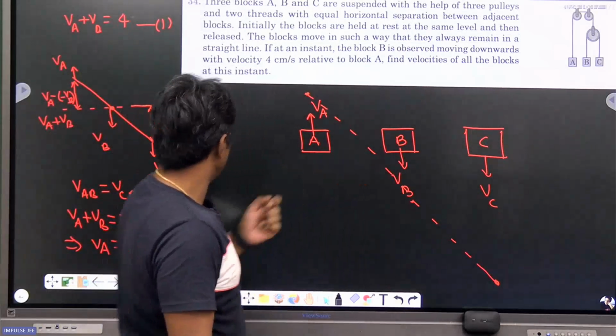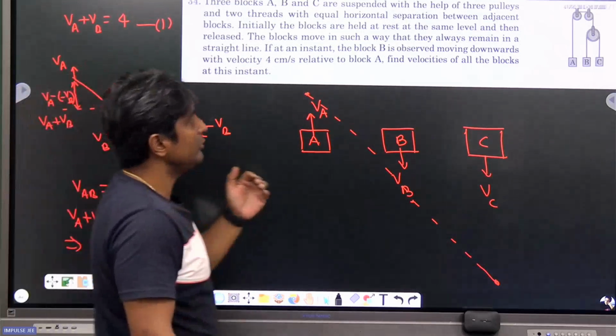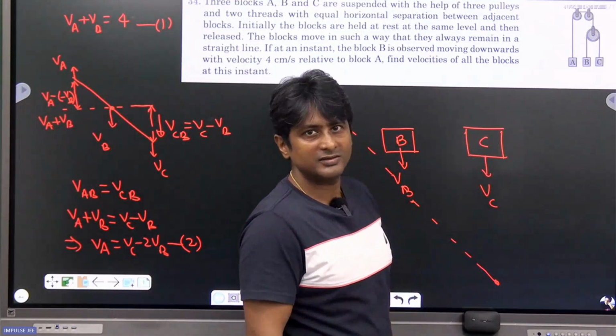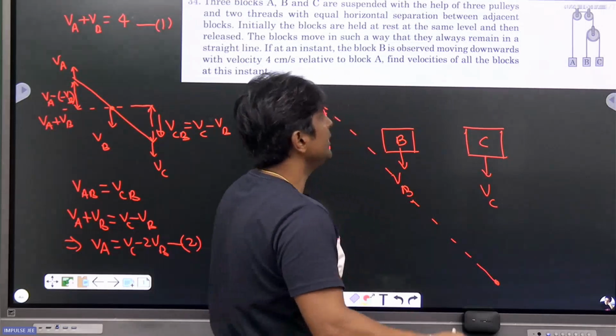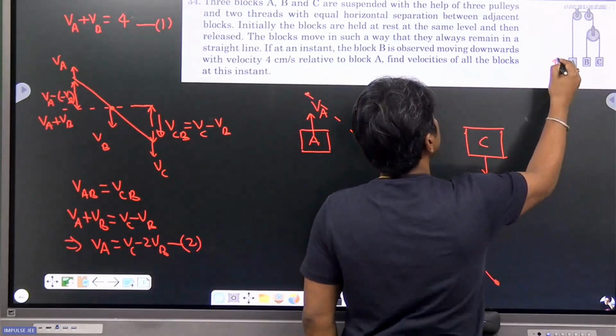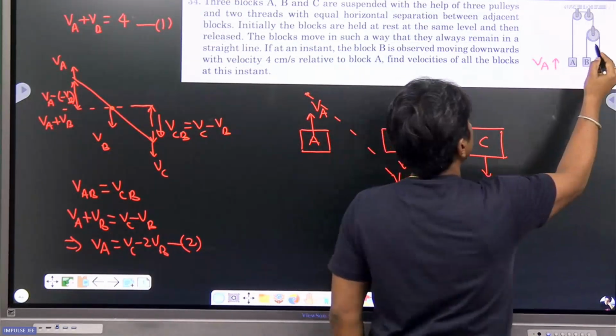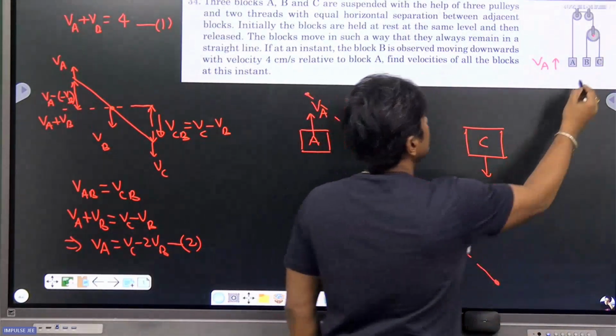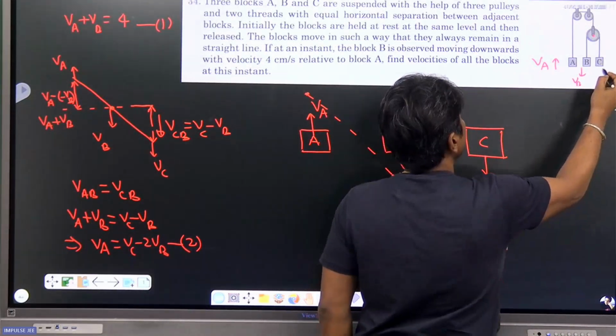So by using the relative velocity concept, we have made these two equations. Now since we have three variables, we need to make one more equation that we can make from the constraint relationship concept. If this is going with VA, then definitely this pulley will move down with VA also, and these two are going with VB and VC.